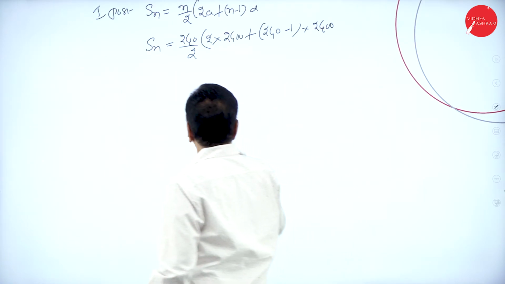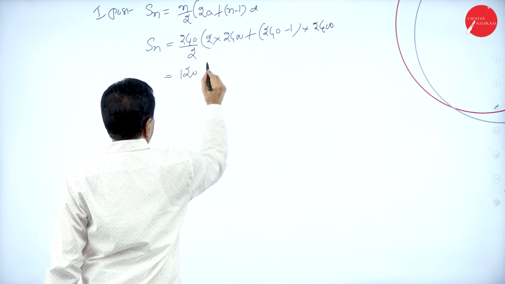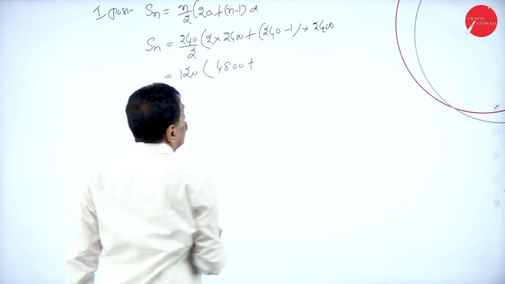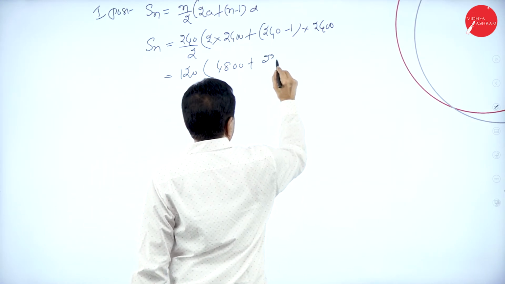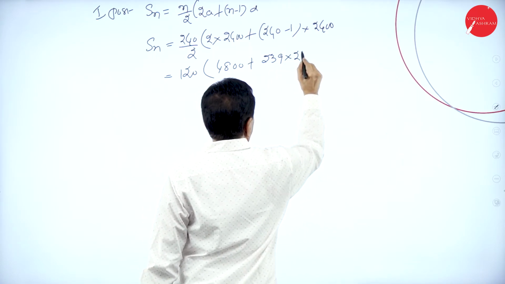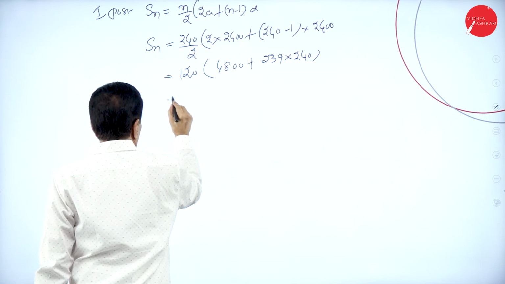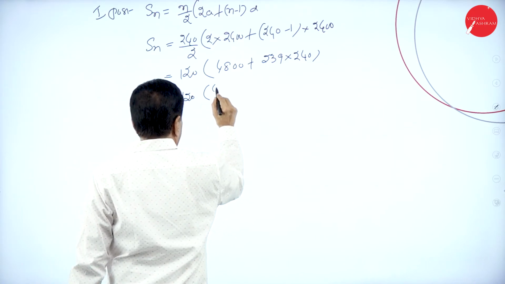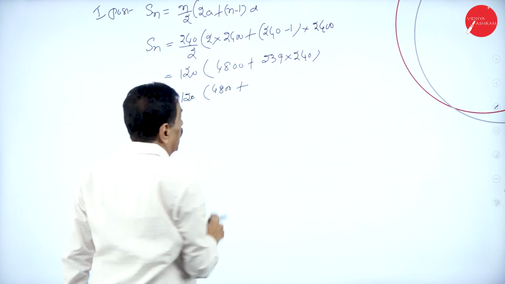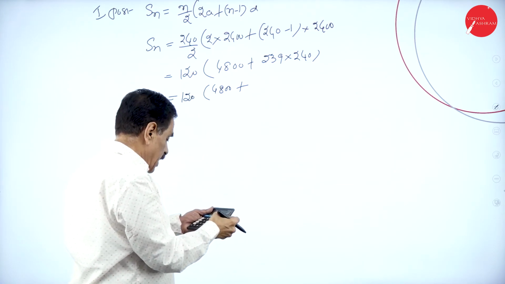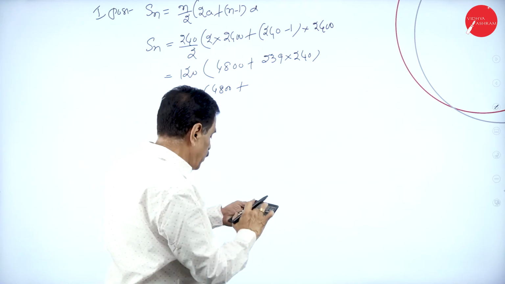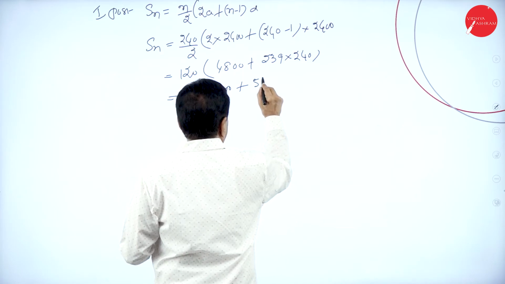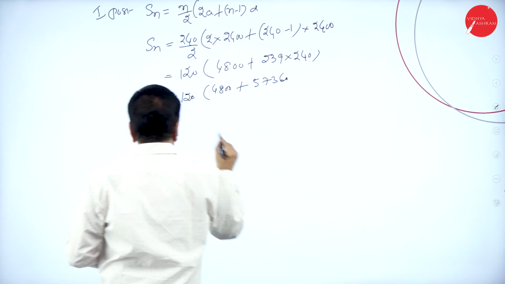So this is 120 into 4,800, plus 239 into 240, which is 57,360.